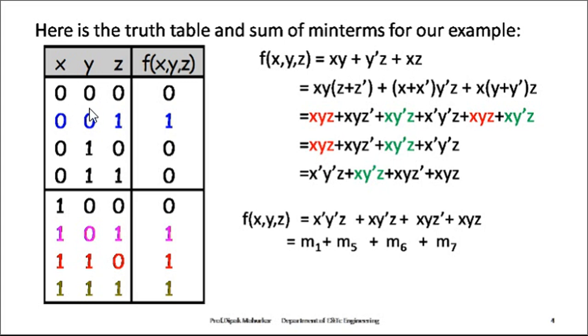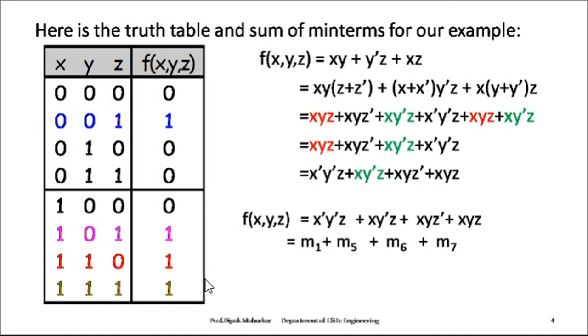The truth table is given: 0 0 0, these are the representation in binary. Then 0 0 1, then 0 1 0, 0 1 1, 1 0 0, 1 0 1, 1 1 0 and the last one is all ones. In binary, 0 means decimal value 0, then decimal values 1, 2, 3, 4, 5, 6 and 7.